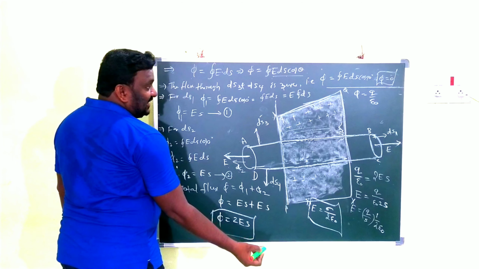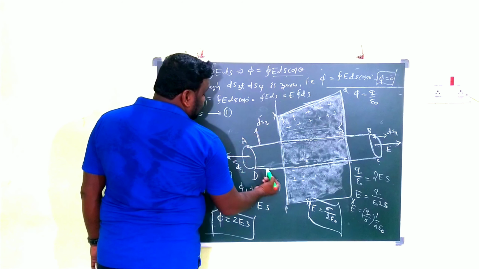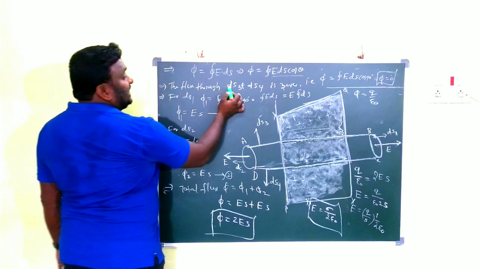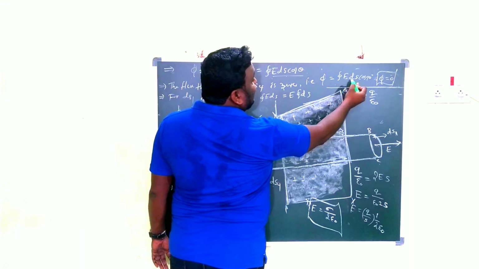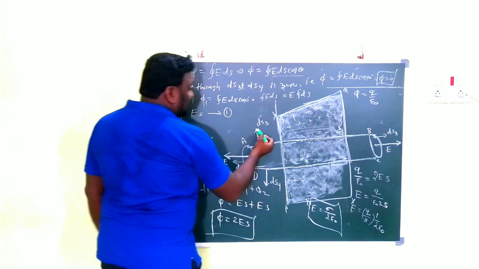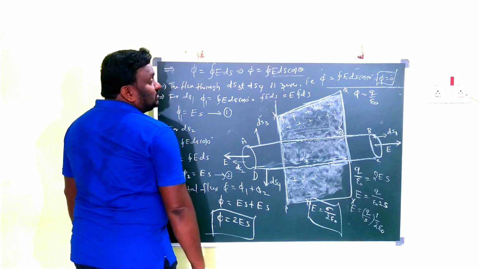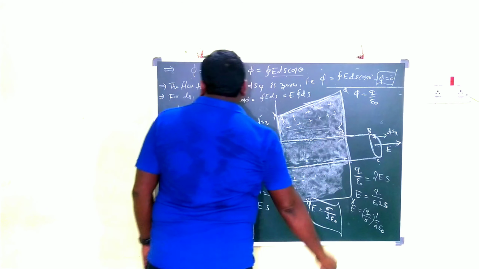So there is no flux passing through ds3 and ds4. The flux through ds3 and ds4 is 0, because phi is equals to closed integral E ds cos theta. The angle between ds3 and E is 90, and ds4 and E also 90. That's why phi is equals to 0, because cos 90 is 0.